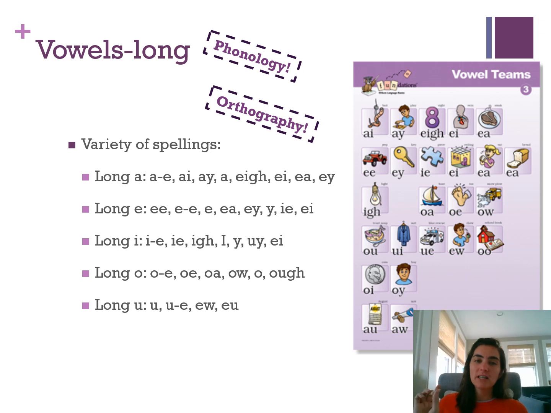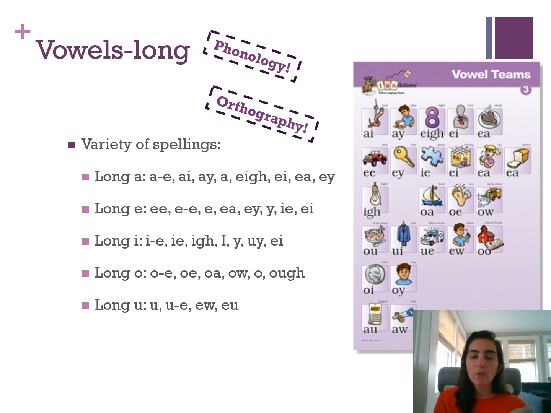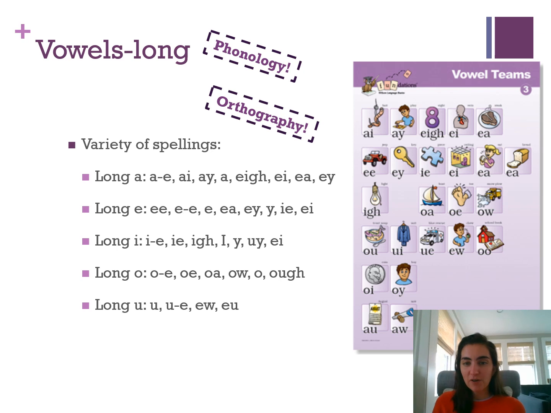They don't necessarily teach which spelling choices are the most frequent and the most likely, or which ones go with two-syllable words or one-syllable words. All that is very valuable information for kids as they learn to spell. But if we just throw all the words at them and expect them to memorize it, only those with very strong visual memories will make it through. So we have to be thoughtful about how we approach this.